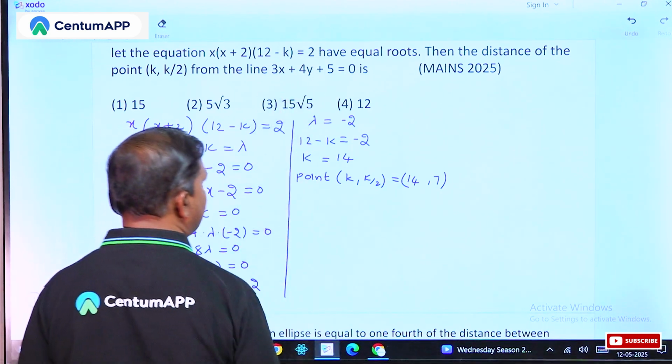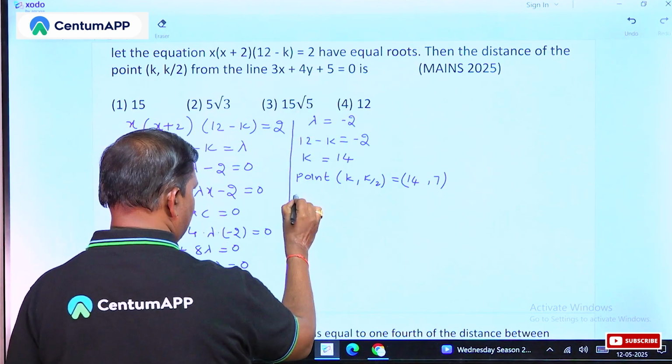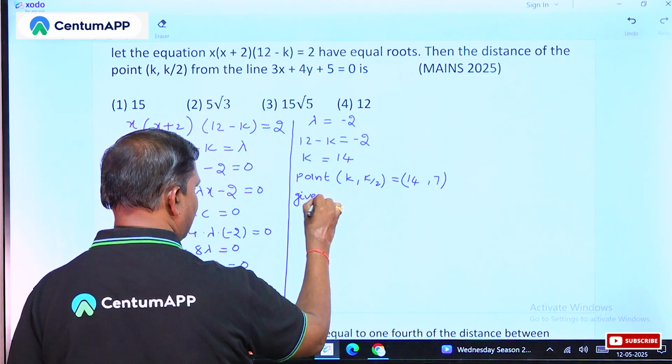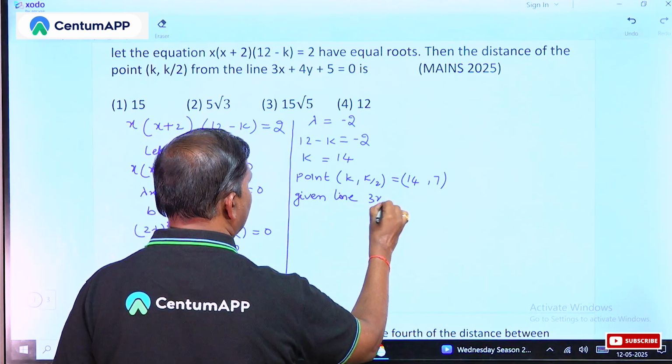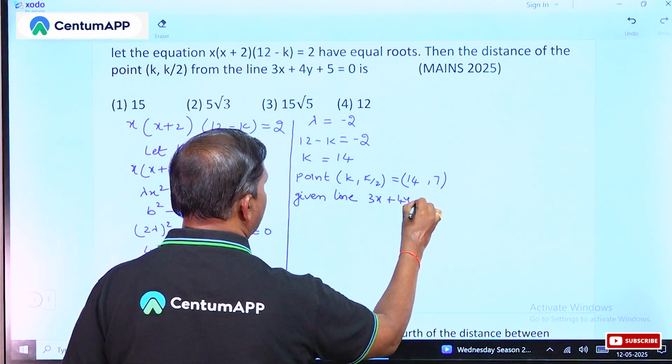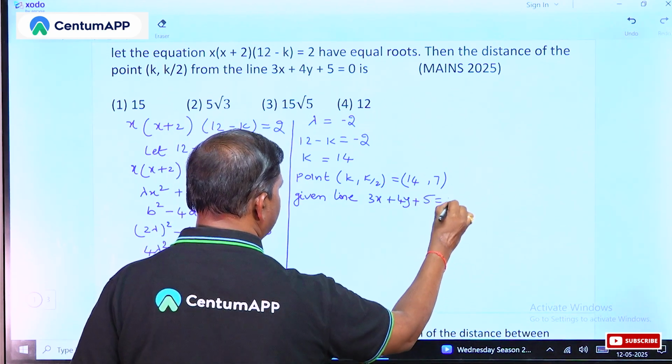Given line, what is the given line? 3x plus 4y plus 5 equal to 0.